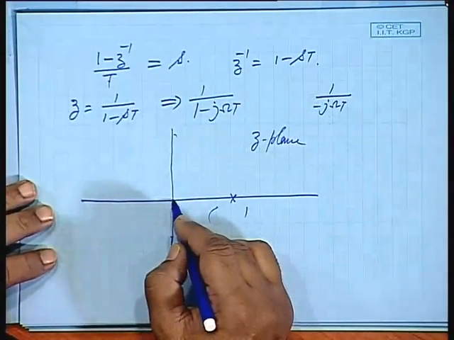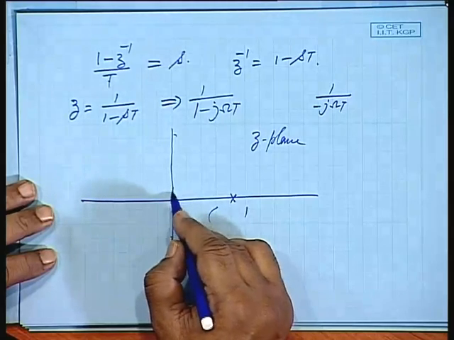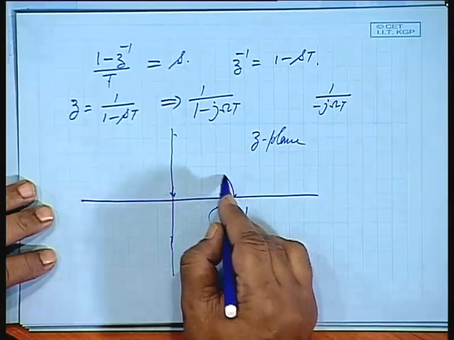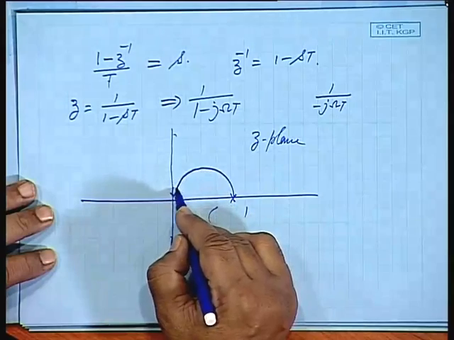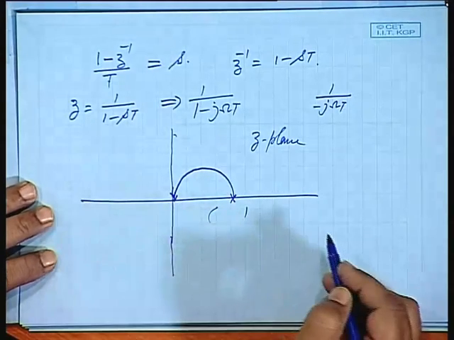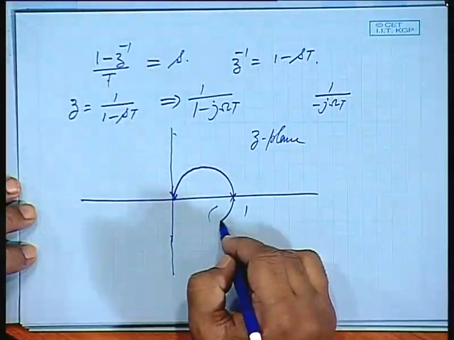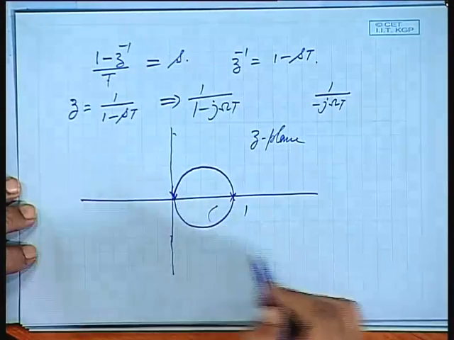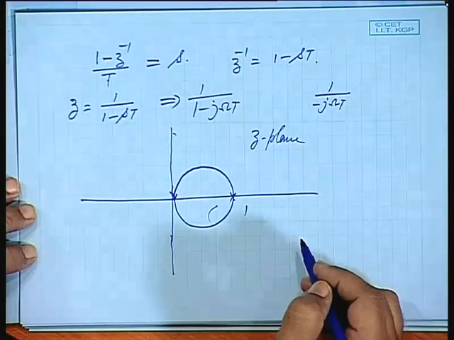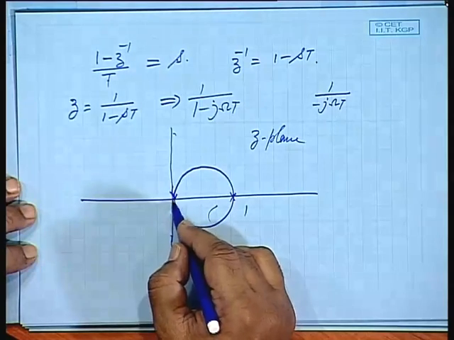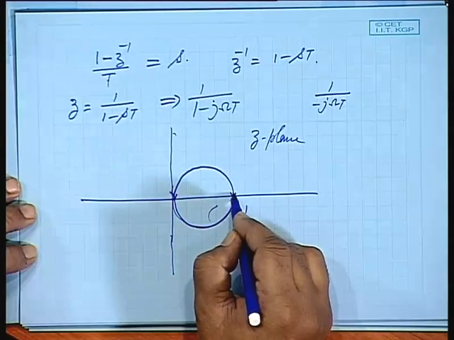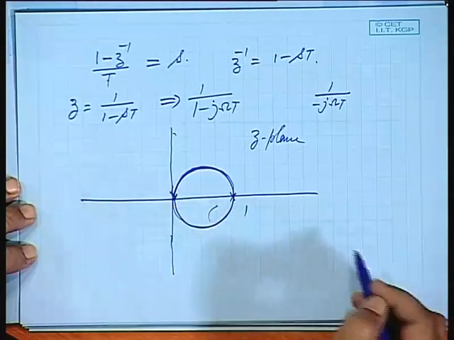So, it will be approaching 0 value from plus j side. So, it will be tangentially approaching 0 like this, is that so? When I go to minus infinity, similarly it will be like this, okay. So, basically minus infinity to 0 to plus infinity, this will be the circle.